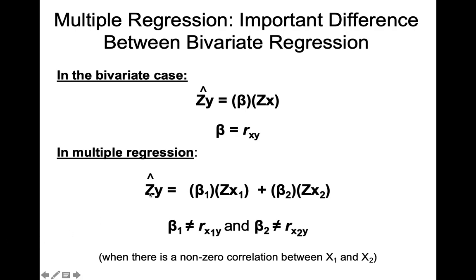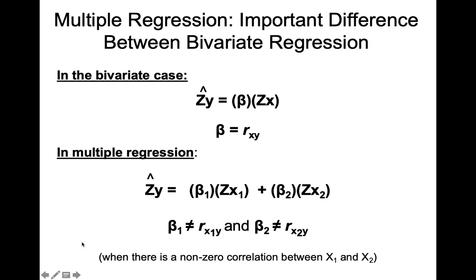So when predicting y, in standardized form, but when predicting zy from zx1 and zx2, the two different betas are not equivalent to the correlation between each of the respective x variables and the y variables. Okay, so this beta is not equal to the correlation between x1 and y, and this beta is not equal to the correlation between this x and y.